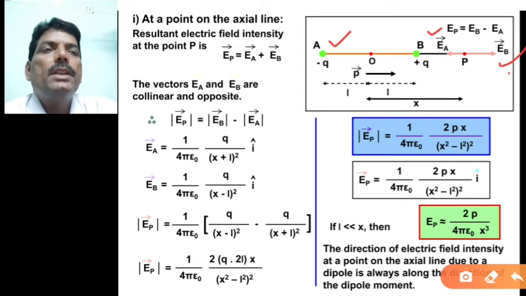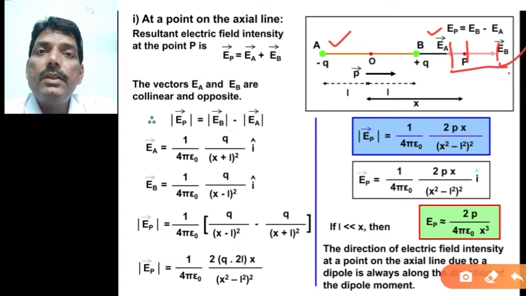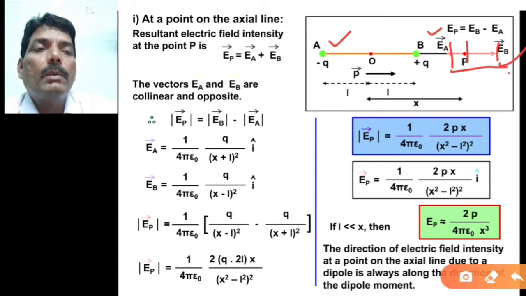Now the next question is, here you can see the length of EB is shown greater than the length of EA. Direction already you have shown. Why is it so? Because the force exerted by this positive charge on the test charge, which is very near, will be greater than that of the charge which is far away.